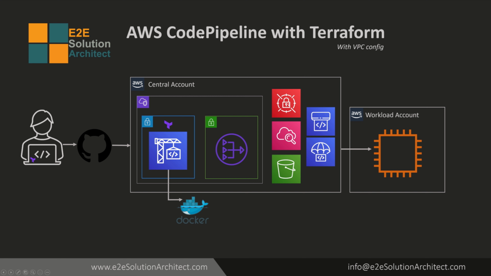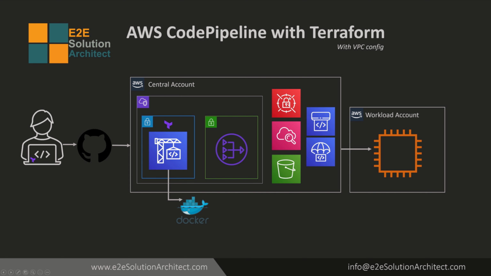But when you are creating that code pipeline with VPC configuration, you need a little bit more resources and configuration to set up the code pipeline. In that case, you will need a NAT gateway in a public subnet, which will provide the connection to your private subnet, because you need to pull the Docker Hub image through the public internet.